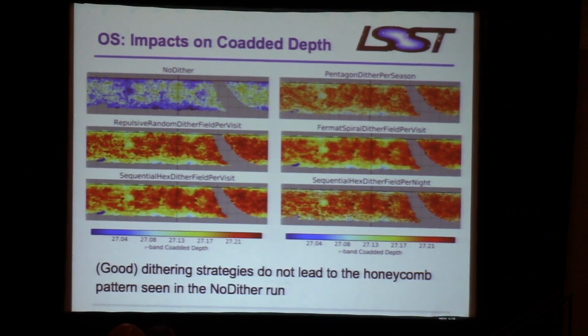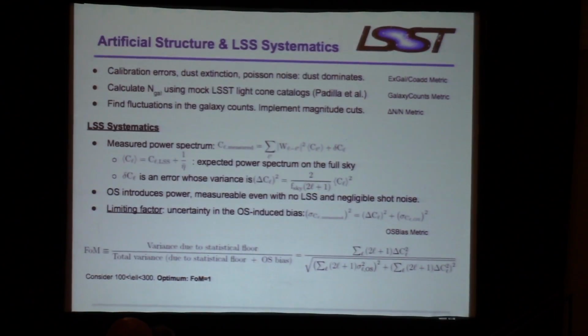Once we know that, we propagated the fluctuations in the depth to fluctuations in the galaxy counts. The LSS systematic that we focus on is the power spectrum. Because the observing strategy induces artificial structure, it induces a bias in our measurement of the power spectrum, and the uncertainty in that bias is a limiting factor for us to correct for that bias.